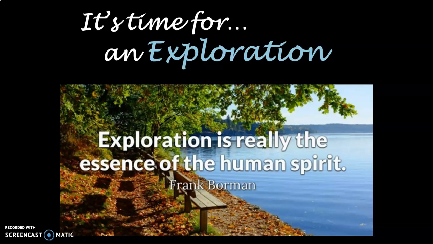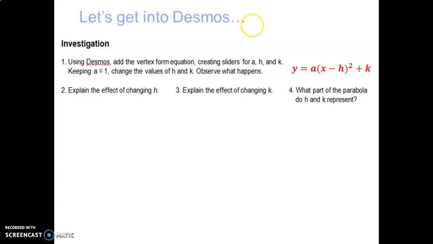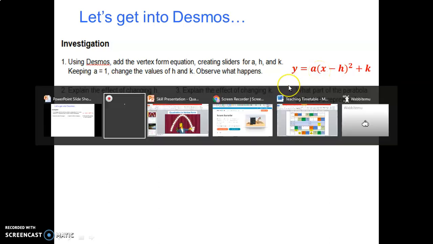This lesson is going to involve an exploration. You're going to need Desmos, so open it now. You're going to do some exploring there and seeing if you can notice some patterns. So in Desmos, we are going to add an equation of the vertex form equation for a parabola, which looks like this. So let's enter that into Desmos now.